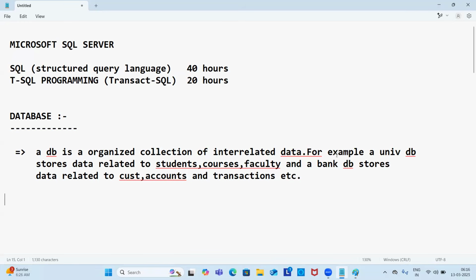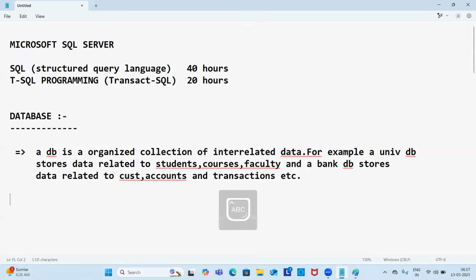But earlier, companies maintained only one database. If we go back some years, companies maintained only one database. But nowadays, every company maintains two databases.